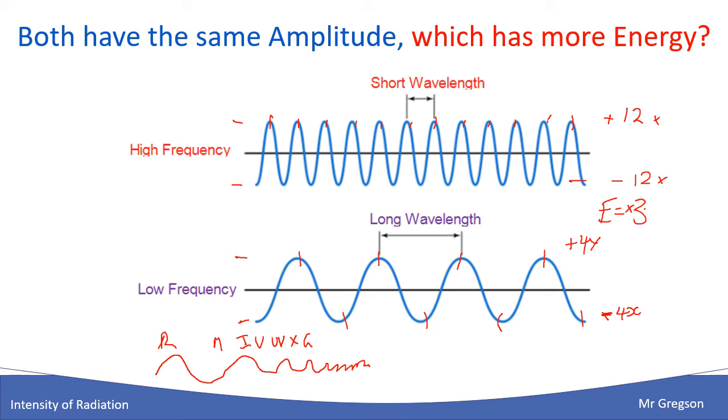Clearly I'm pro at drawing this to scale. We'd also add in this little arrow underneath. And a lot of people forget about this arrow. And it's the energy arrow. So as we increase the frequency, we increase the amount of energy. It is to do with frequency and not amplitude when we're doing straight comparisons.